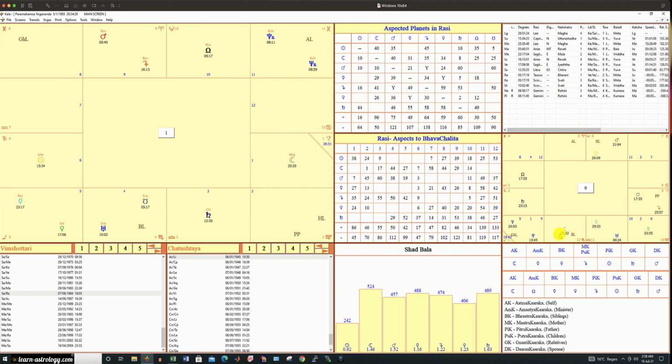When you see the Atmakaraka in the sign, you need to count forwards to see the position. If you do that, the 12th house for him becomes the sign of Sagittarius, which is ruled by Jupiter, and he gets a Jupiter Ketu conjunction.